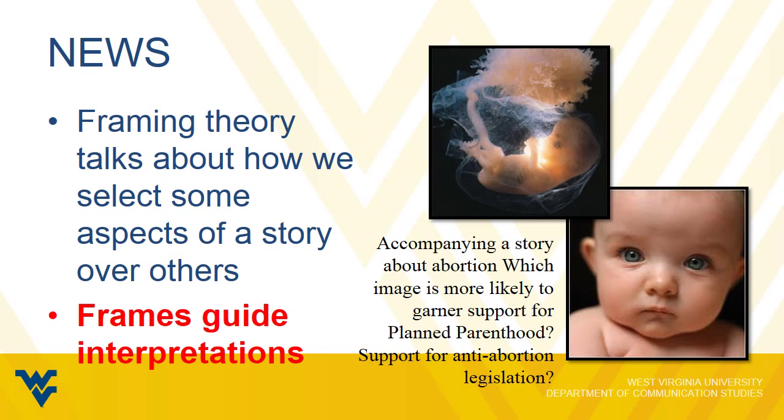It's more of a clinical, biological, medical framing of the story. Whereas people reading the story with the blue-eyed baby in the corner might have a much more emotional, humanistic, and life attachment to the story. And so you can see how selecting certain aspects of the story potentially has a great impact on the way in which that story might be interpreted by your readers. And we'll talk more about this as well.